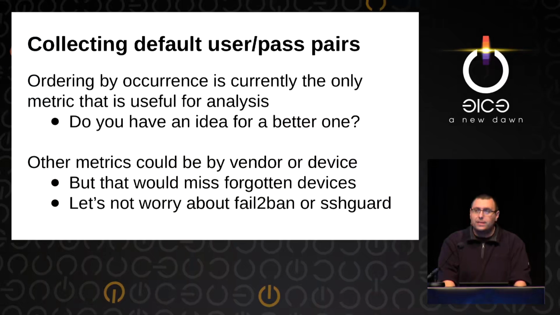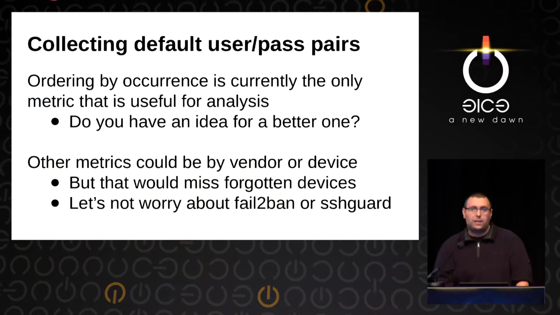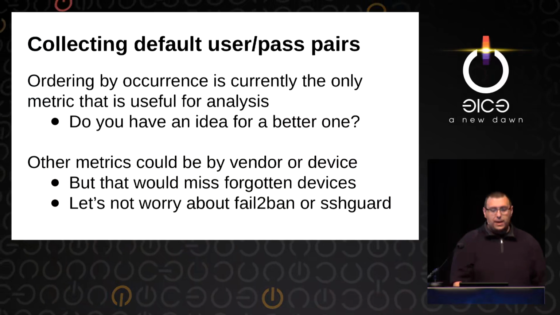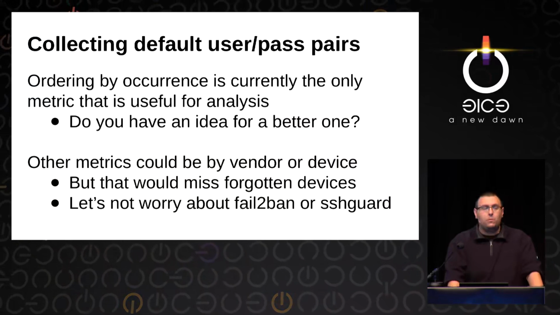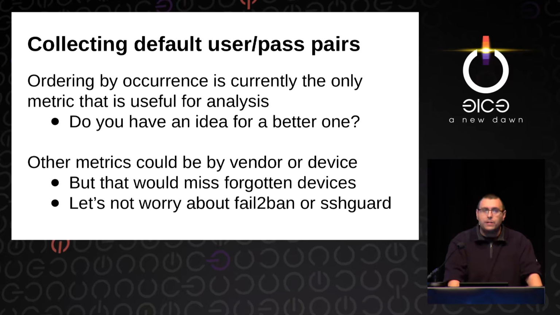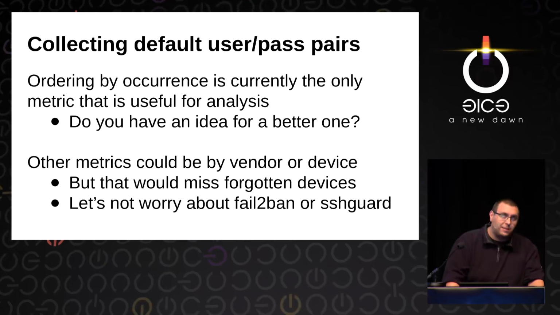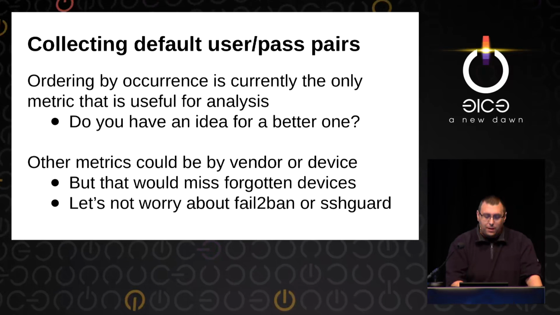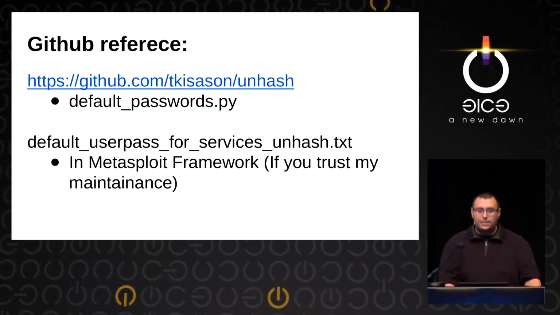Other metrics can be by vendor or by device, but that usually doesn't cover the use case we want to have. For instance, testing for forgotten devices, testing for weak devices, and somebody will say, why would you want to test online devices? What if somebody has failed to ban or SSH guard? Well, certainly then they didn't leave the default passwords in place.